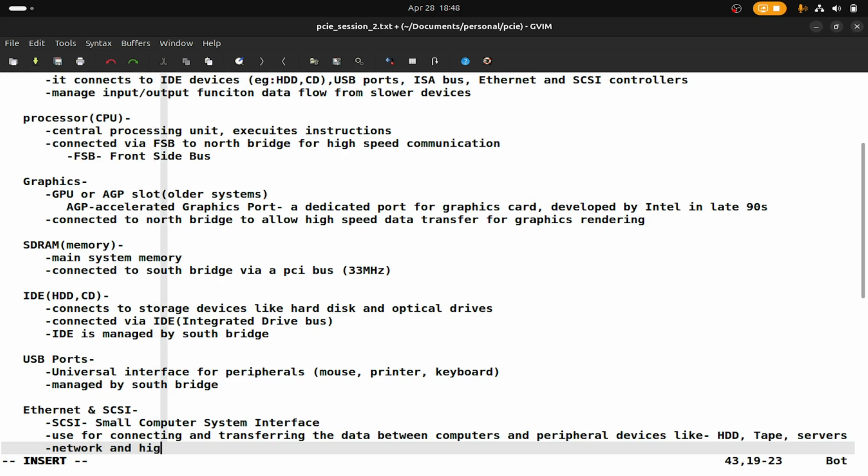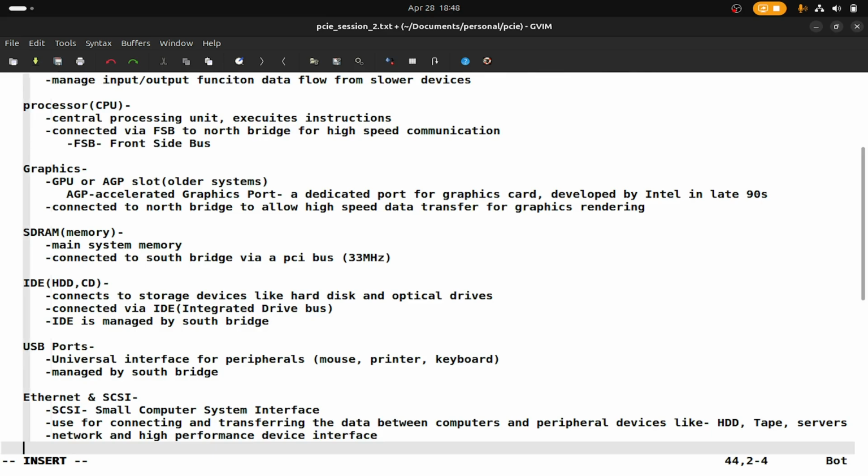Network and high performance device interface, because Ethernet is there, so definitely we are talking about the network.